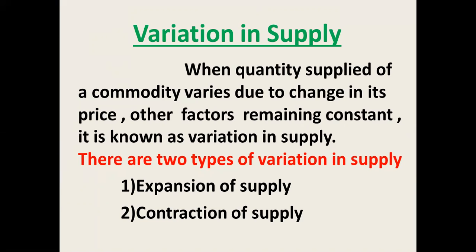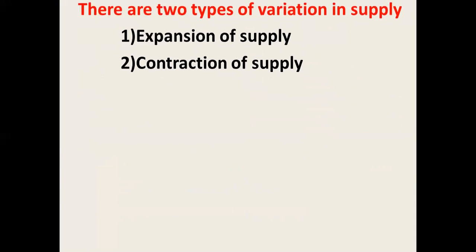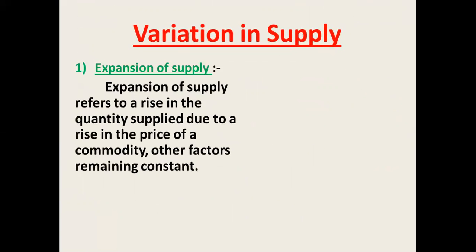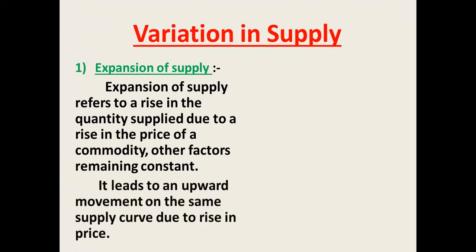The first type is the expansion of supply, and the second is the contraction of supply. Let's discuss the first type, the expansion of supply. Its other name is the extension of supply, meaning the supply expands.